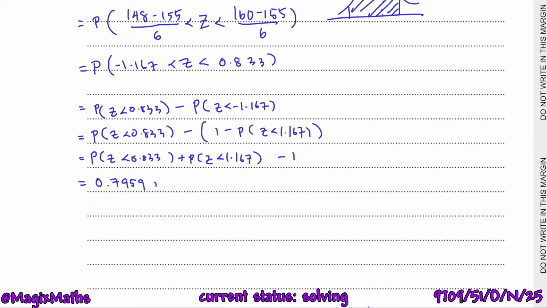And then plus 1.167, it's 8770 minus 14, it's 8756. 8756 minus 1.